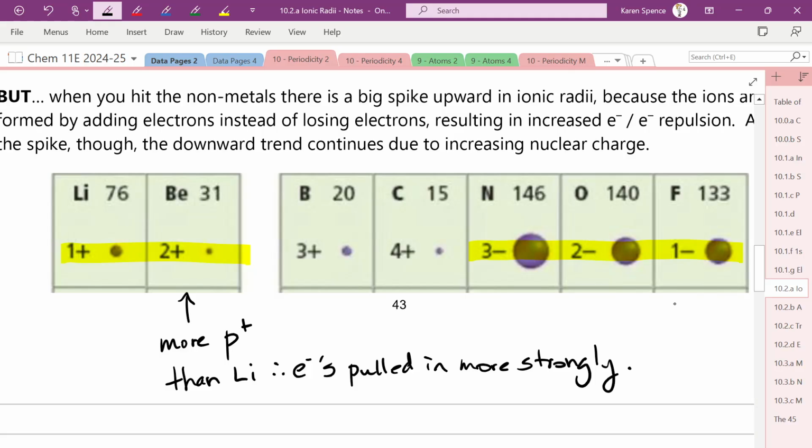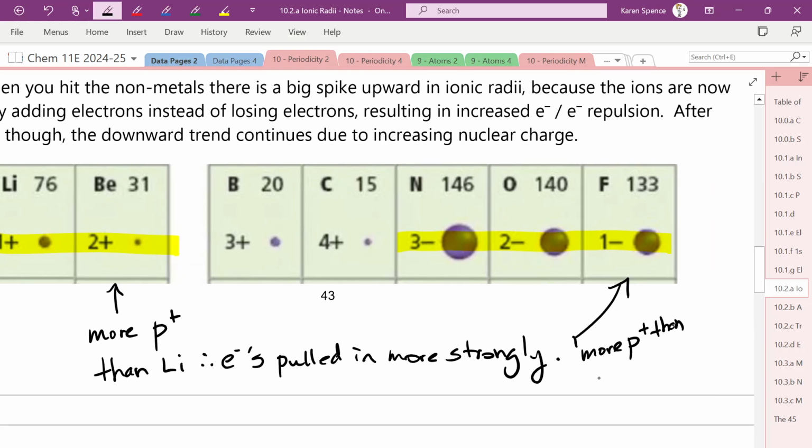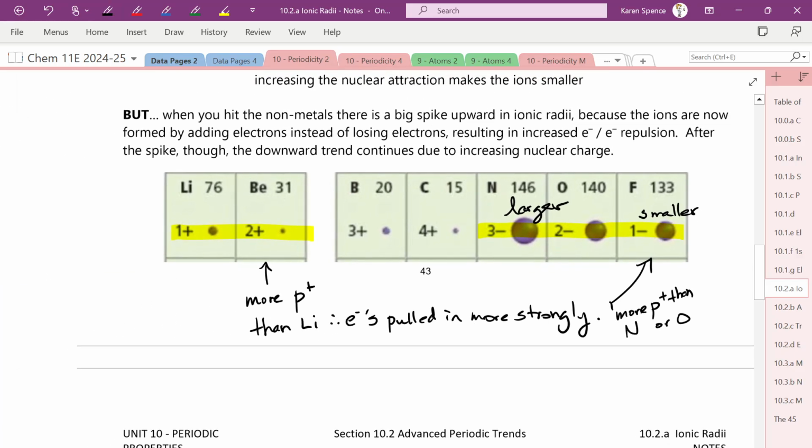Fluorine, again, has more protons than nitrogen or oxygen. Therefore, it's pulled in more tightly. Therefore, it is smaller. This one is larger. Does that make sense? Okay, cool.